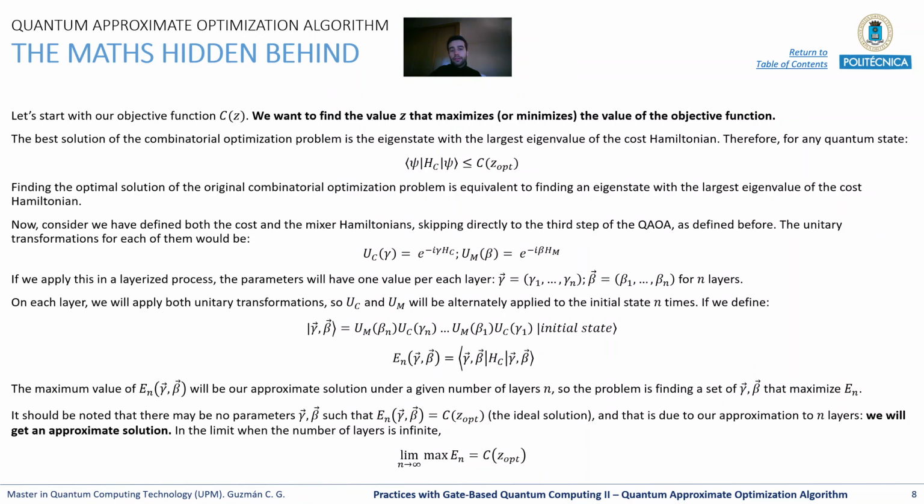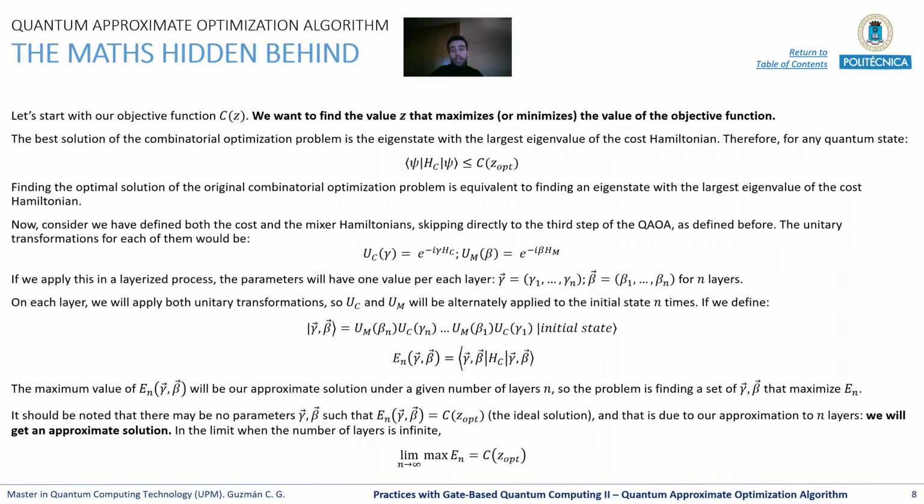So we would have an energy value that would depend on those applications, also applying the cost Hamiltonian. So that expectation value of the cost Hamiltonian would be that energy value, and the maximum value of that will be our solution under a given number of layers, of course.